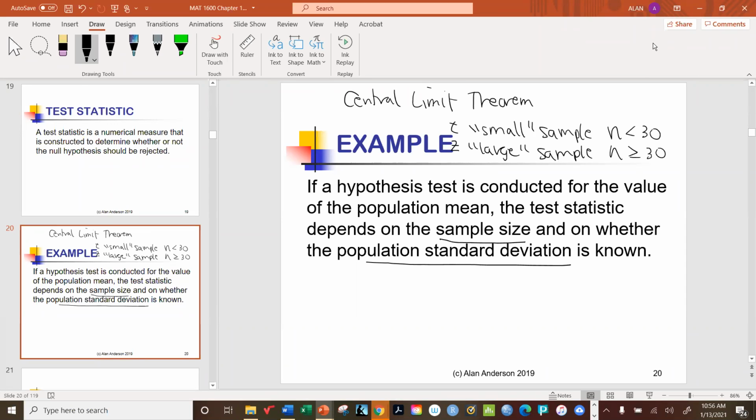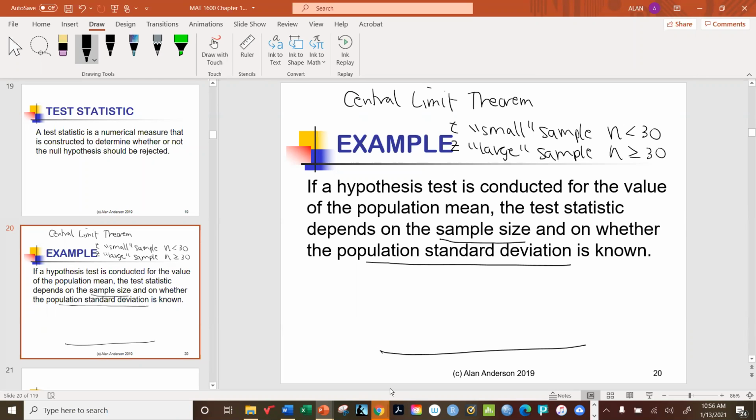And that's because the sample mean can be very different from one sample to the next when we have a small sample. And so we need the t-distribution to reflect the greater variability from one sample mean to the next. Because remember, the t is more spread out than the z.